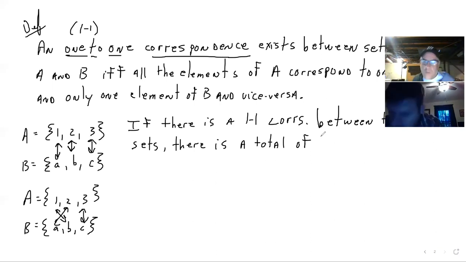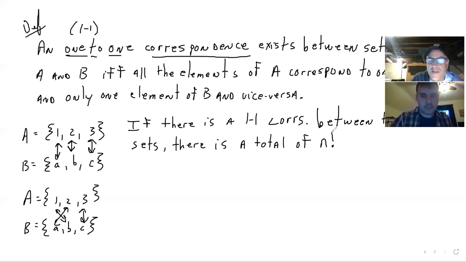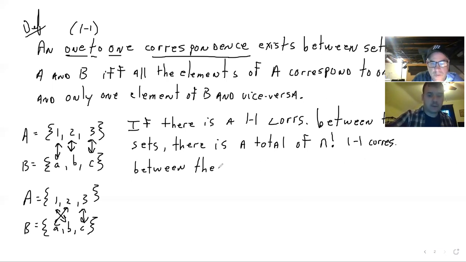How many different one-to-one correspondences could I show between 2 sets? It is n exclamation point. That's not actually an exclamation point. We'll talk about that in a second. And as always, n is the number of things in the set.